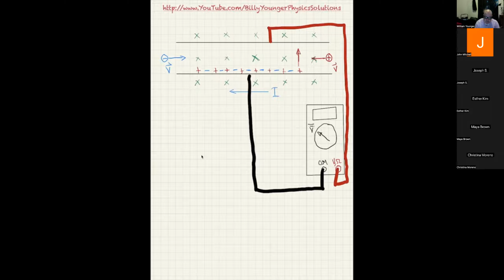That's the electric field if positive charges. Now if in fact it is negative charges, then we'll have an electric field that points this way. And that's if negative charges. Okay, does everybody see why that's the case?